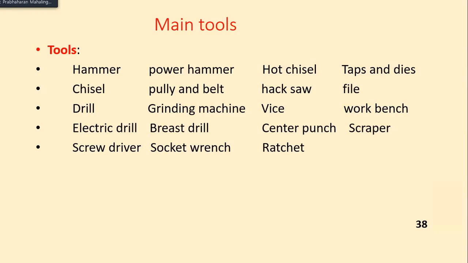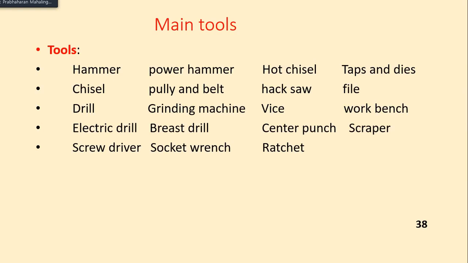Positive type, negative type, and Allen screw. So basically we have 3: minus screwdriver, plus screwdriver, and Allen key. Allen key is utilized for removal of some sockets, right?